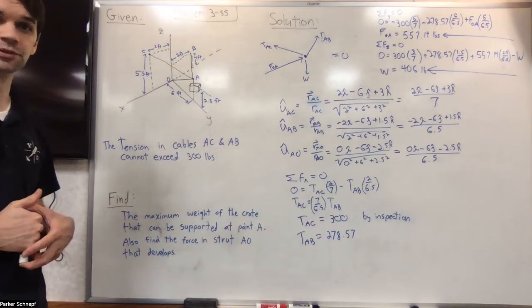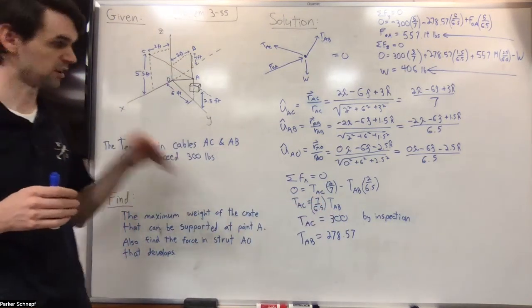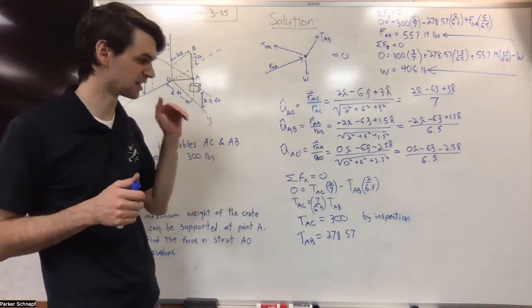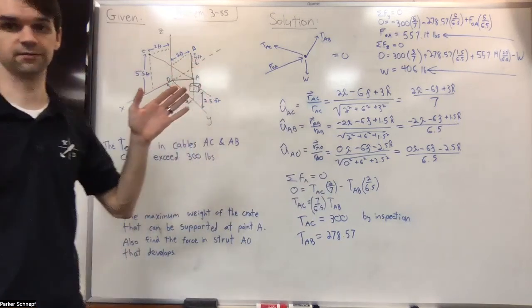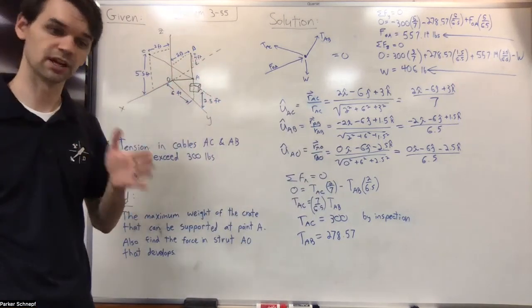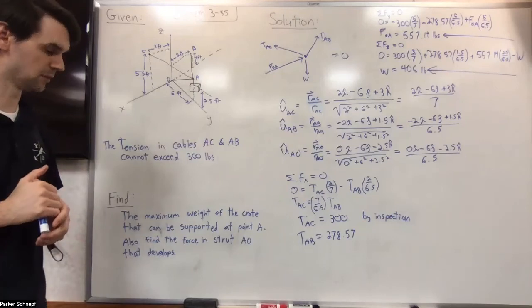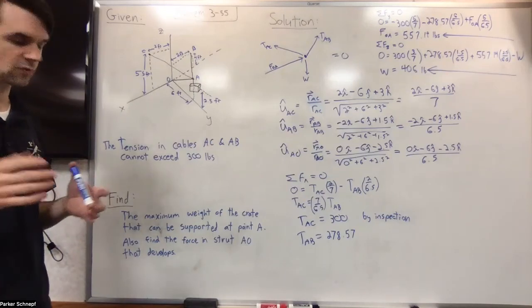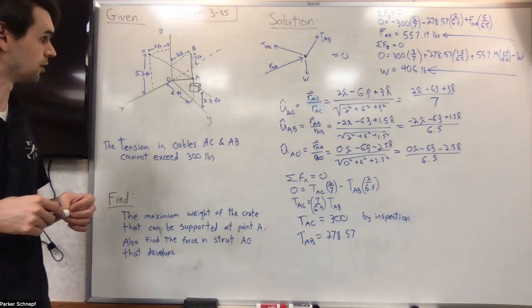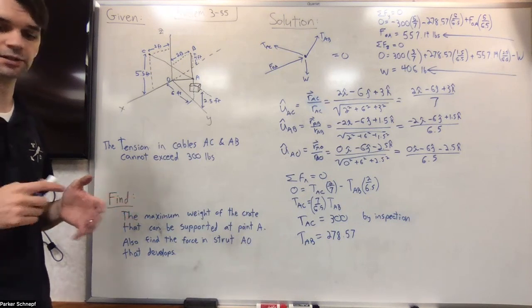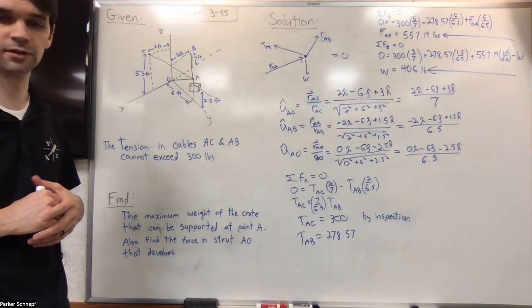Sometimes you might just have to make a guess and plug a value in for one of them. You might say, I want to plug in 300 for TAB, see what comes out, and if the other one is larger than that, you guessed wrong, and just plug the value in for the other one. But I know those kinds of questions can be tricky. So hopefully that is helpful in understanding some of the problems from Unit 3.3.